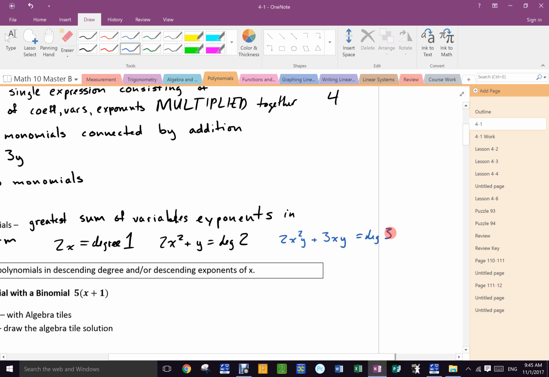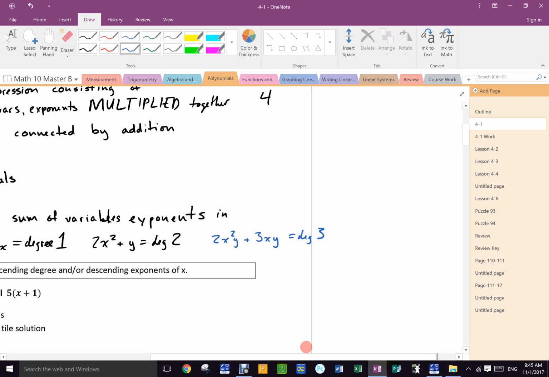Everybody cool? What is, and don't write this one down. Well, you could write it down even if you want. What's the degree of a constant? Degree is variable exponents only. So what degree is that? 0. Everybody cool?